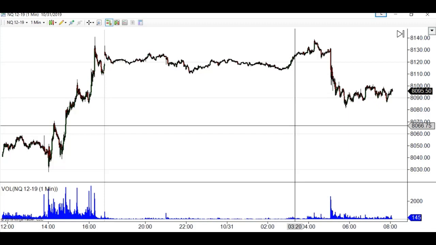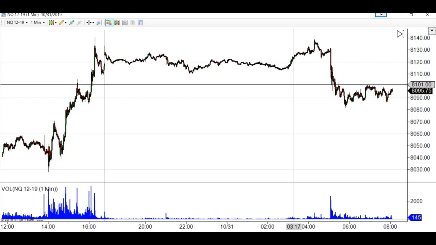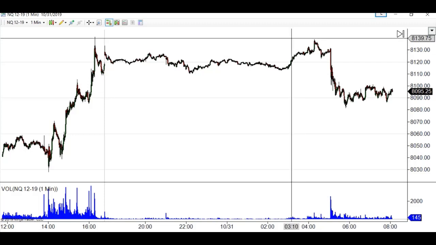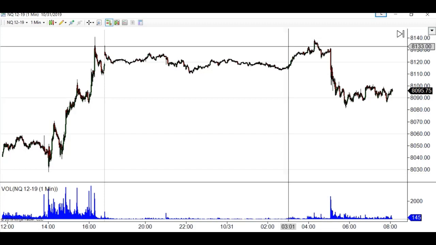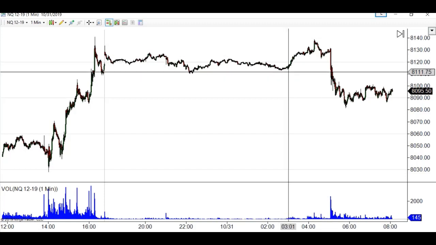So I will set up a template and I will set it on shorts, because we're also building up a more minor resistance area around 8100, between 8100 and 8102. So we have a minor resistance here, a much more solid resistance around 81.40, and then what used to be support and now might act as resistance around 81.12.